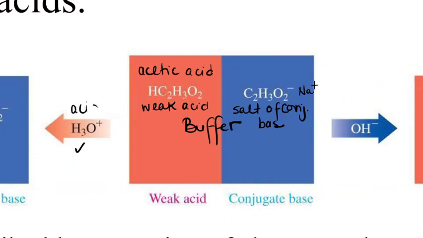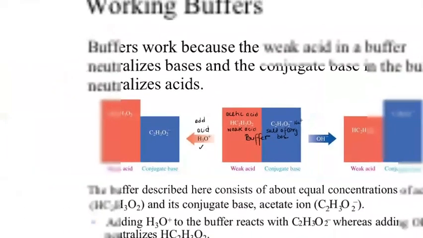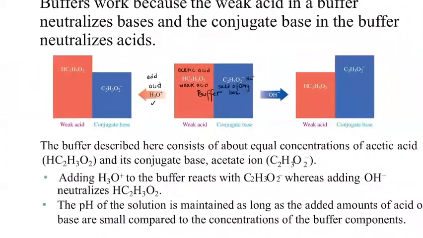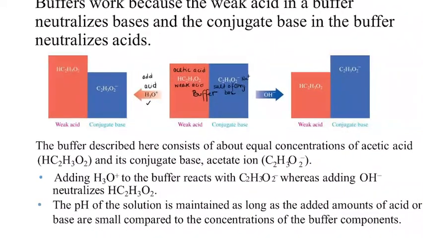So this is if we add acid to the system. So as you can see in the first bullet point, adding H3O+ or any acid for that matter to the buffer means that that added acid is going to react specifically with the salt of the conjugate base for my weak acid.